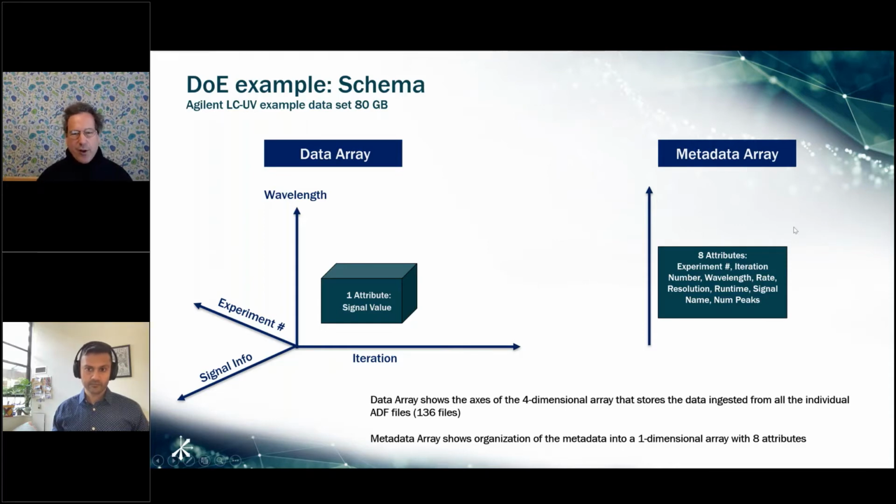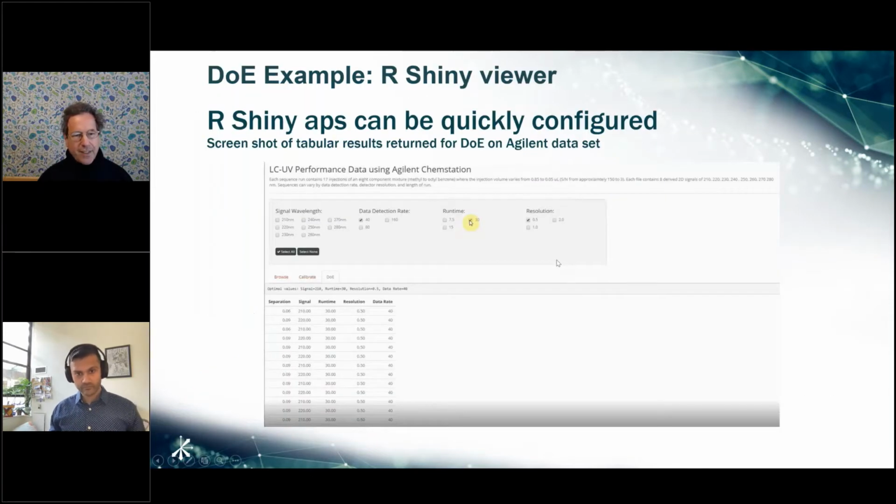And then the metadata array has 8 different attributes that you can use to filter. There are a couple screenshots, but you'll see it live, so I'll just scoot through these of R Shiny viewers. The whole thinking is that because everything's in R, if you need to set up a viewer or a GUI of some sort, it's very easy to do. The same with Python using Plotly, but we'll show you results with R Shiny.